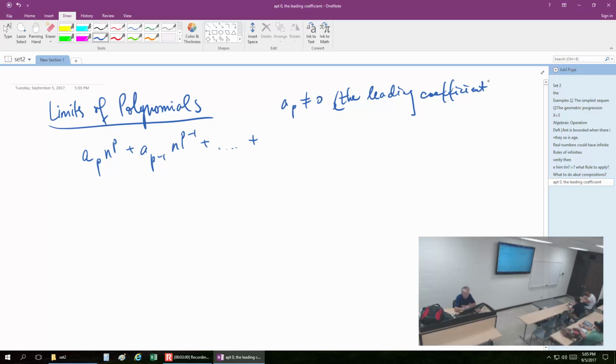That's what it's called, in other words, the coefficient of the highest term in the whole expression. As you can see, the powers go from p and down. So p is the highest power, and then at the bottom you have a 2n squared, a 1n, and a naught. Okay, that's my polynomial f of n.